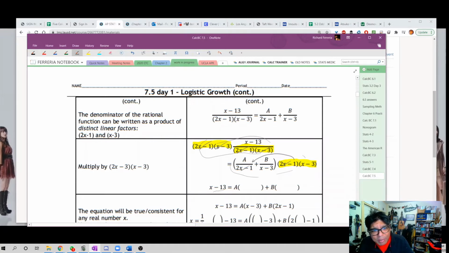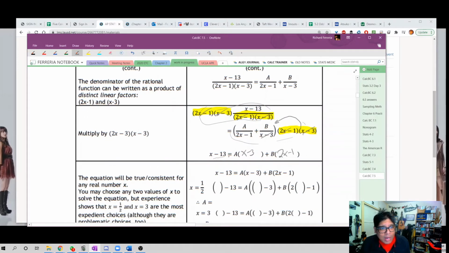And that's going to leave me A multiplied by x minus 3. If I do something similar, distribute into the second partial fraction, the x minus 3 is going to cancel, and I'm going to be left with 2x minus 1.